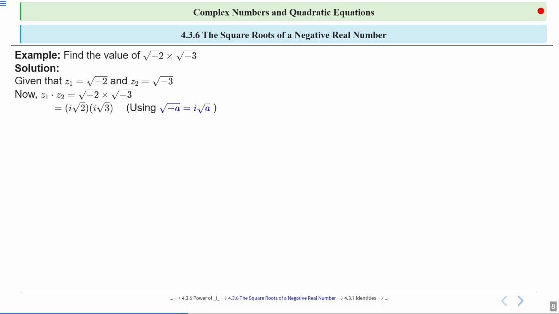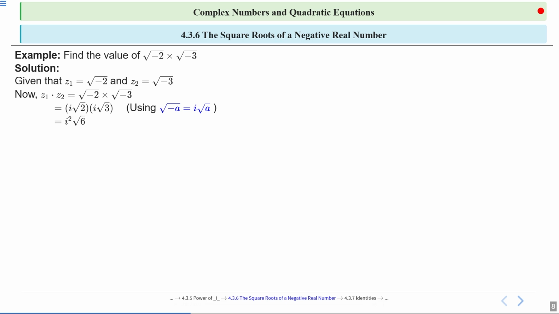Next, let's express each square root in terms of iota, the imaginary unit. So remember, square root of minus a equals iota times square root of a. Using this formula, we can write square root of minus 2 as iota times square root of 2 and square root of minus 3 as iota times square root of 3.